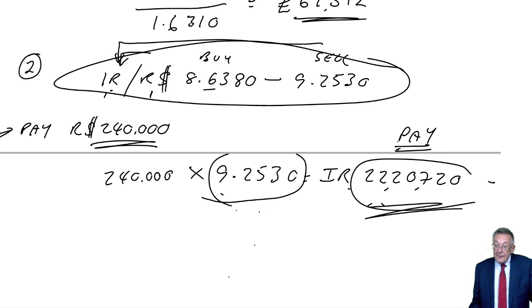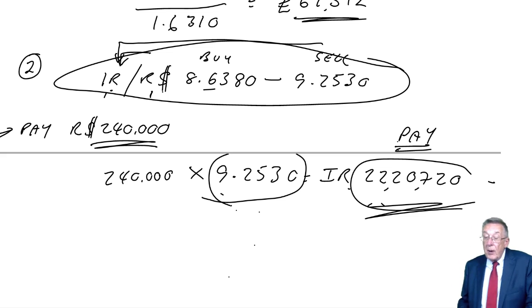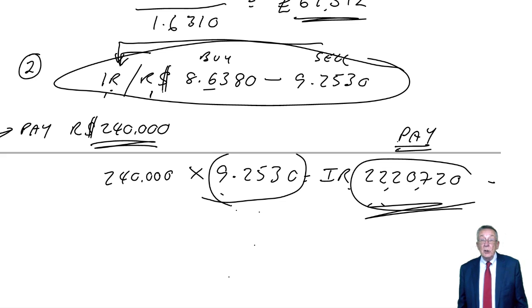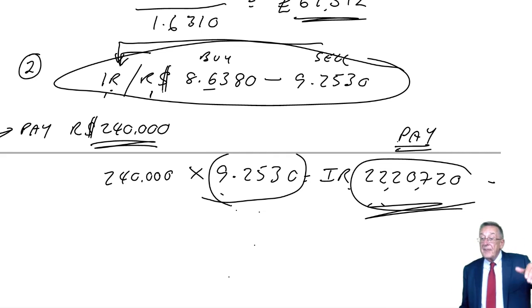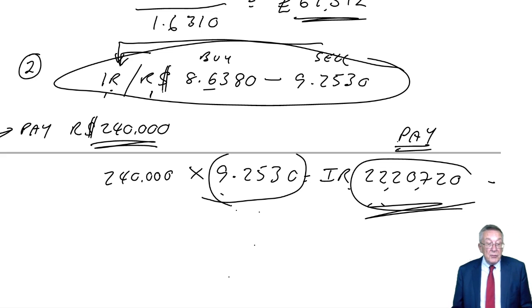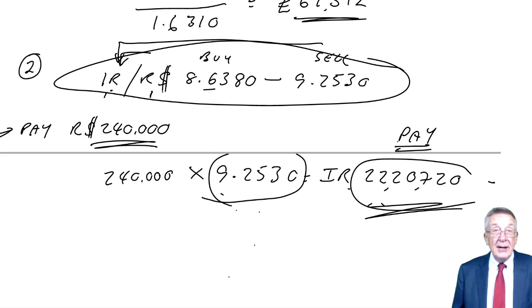It will have changed. It may have gone up. If it goes up to 10 rupees to the dollar, we end up paying more. If it goes down, we end up paying less. But here, we're not talking about gaining or losing. The fact that we're not certain whether it's higher or lower, there is risk. And as financial manager, we need to look at ways of removing or reducing the risk.